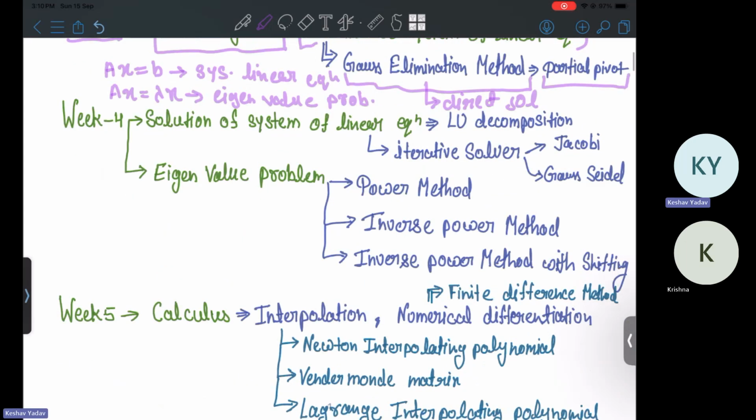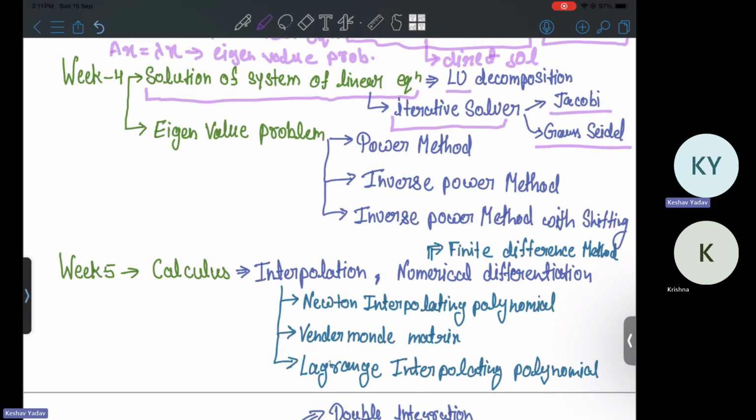Then in week 4, the first part contains the solution of systems of linear and non-linear equations, where we discussed the LU decomposition method and some iterative solvers like Jacobi iteration and Gauss-Seidel iteration. We also saw the condition for Gauss-Seidel and Jacobi iteration to converge.